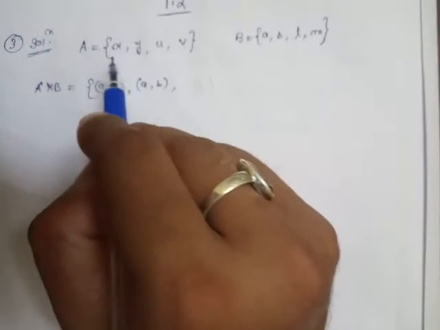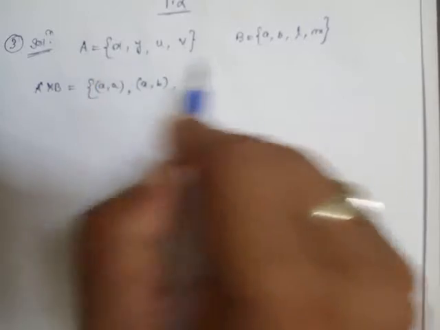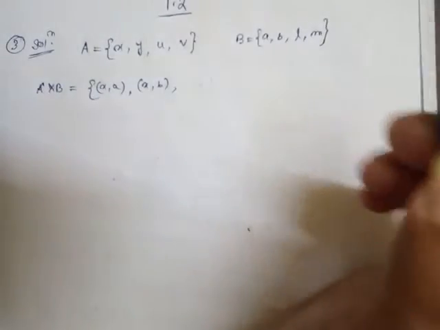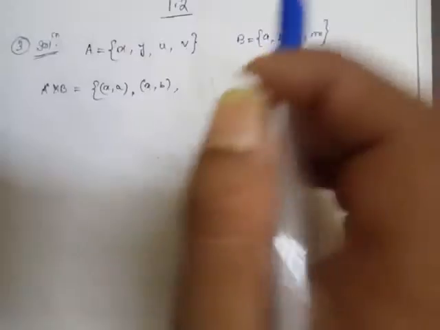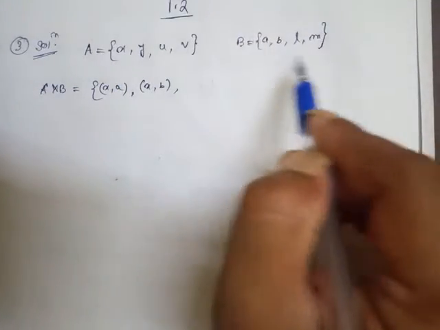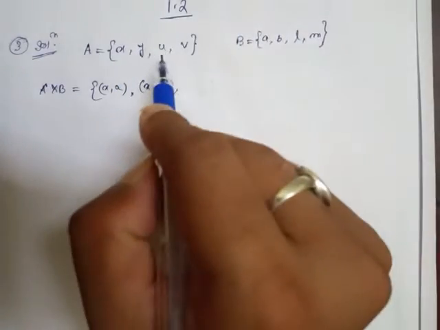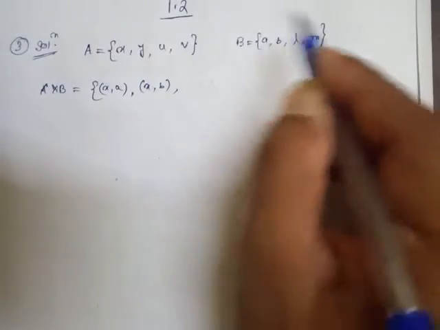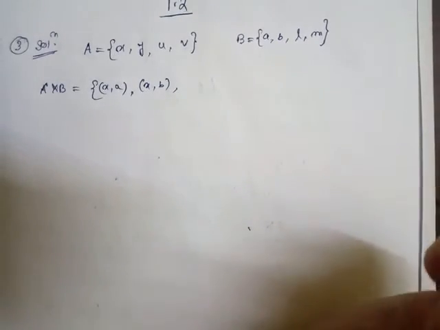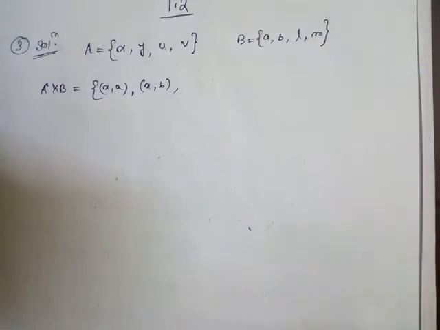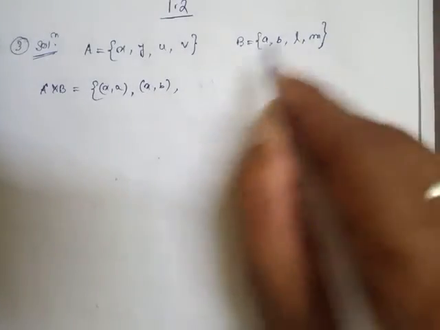The first element of the set A will multiply with all the elements of B. Similarly, y also will multiply with all the elements of B. Similarly, u also, and then v also multiplies with all the elements of B.